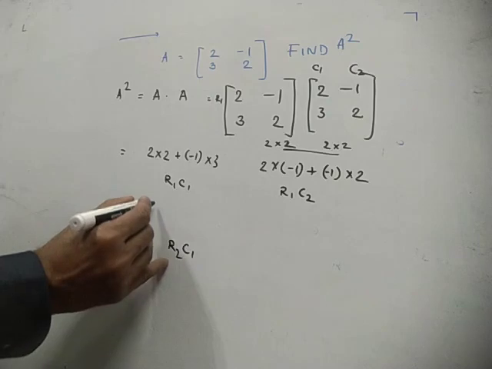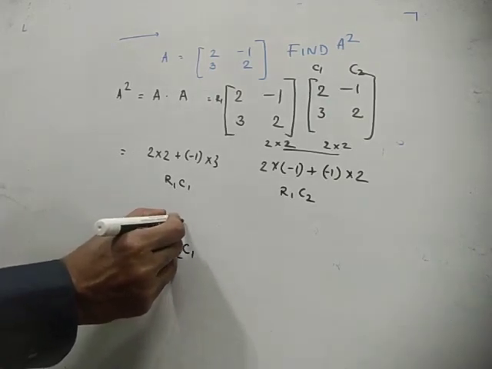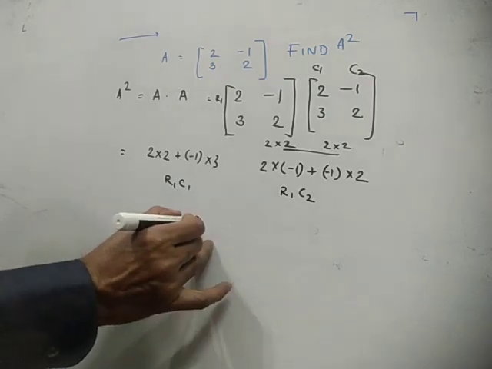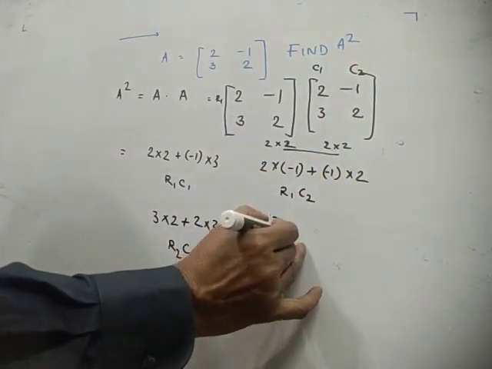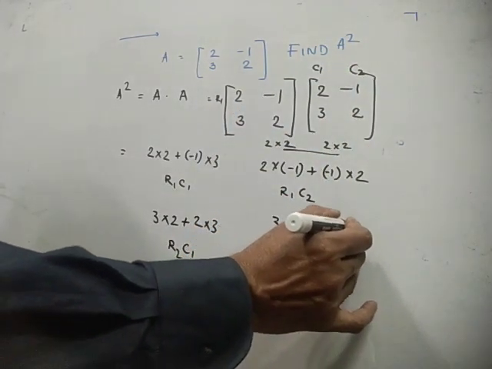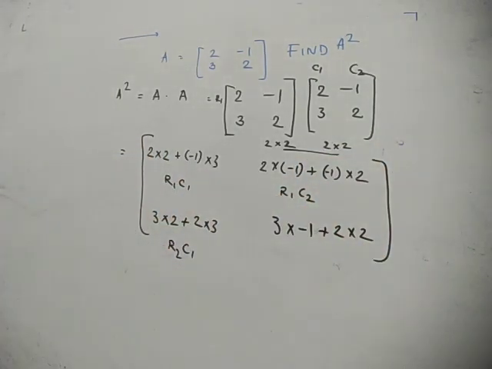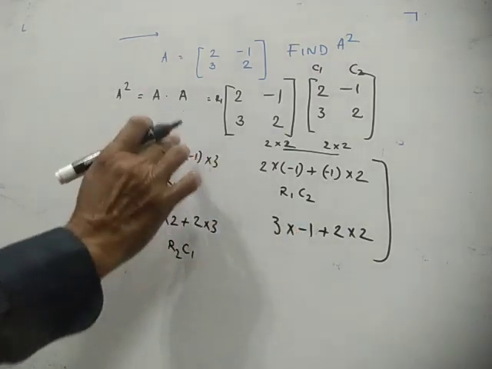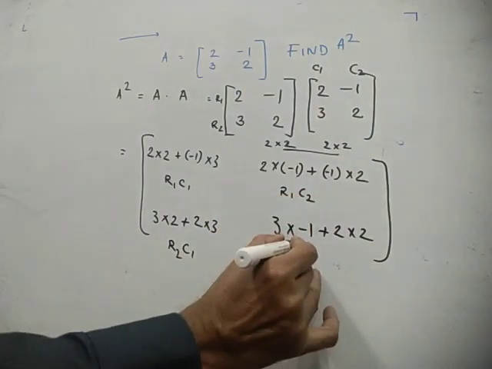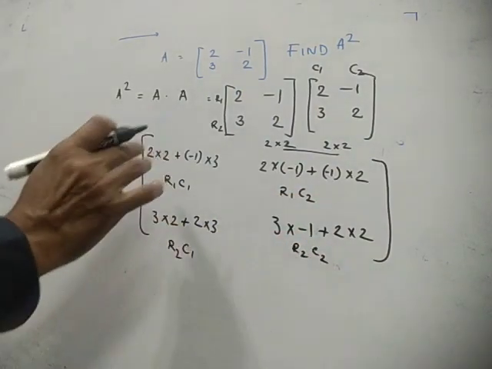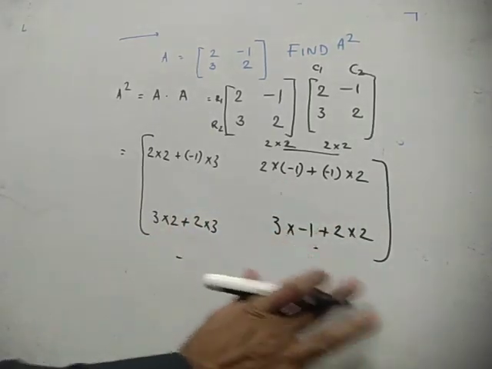Now R2 C1: R2 is coming from the first matrix, C1 will be the first column of the second matrix. So that way 3 into 2 plus 2 into 3. Now R2 of the first matrix, C2 of the second matrix. That way we got this product matrix. Now R2 C2 we multiply, we get 3 into minus 1 plus 2 into 2. This way we are getting all the position elements.